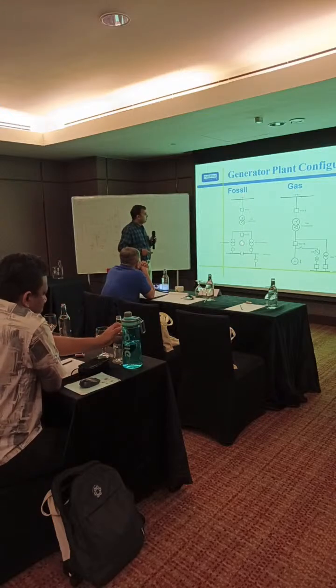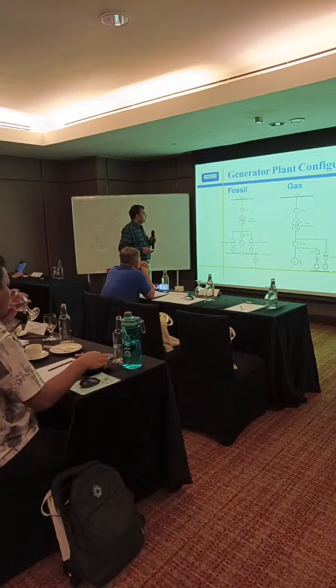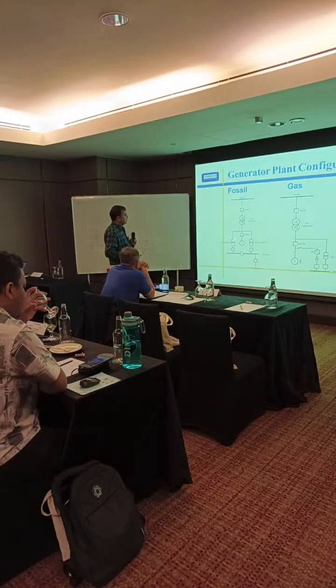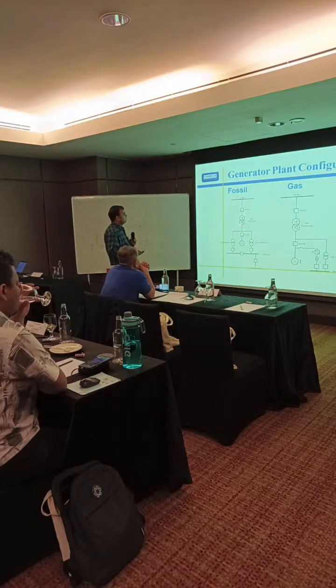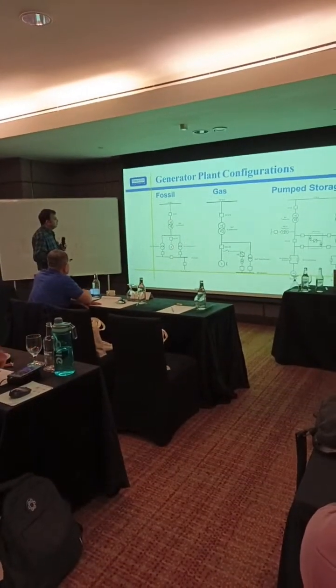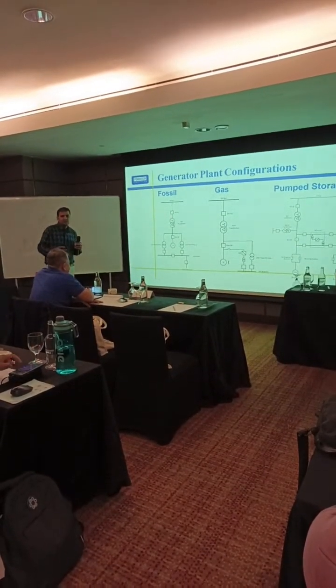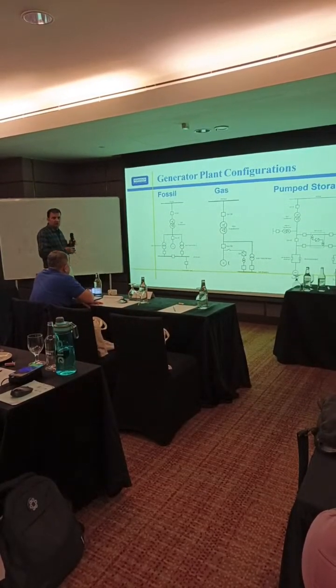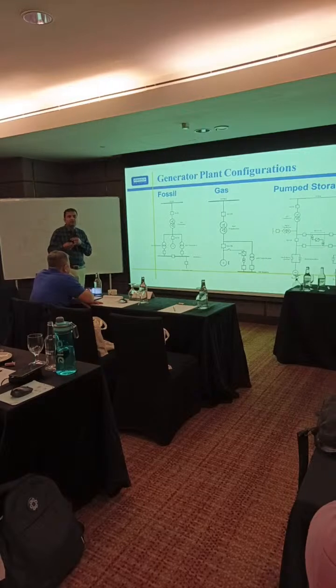In a thermal plant, you can see the generator is there, and one differential protection will be here, one here, one here, one here, and combining all, there is an overall differential protection. So if it is a big plant, then for one unit only, you might have 5 differential protections.